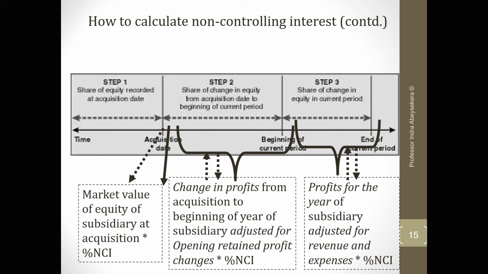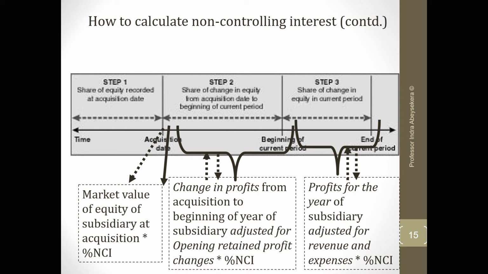So step 1, step 2, step 3. Step 1, the market value of equity of the subsidiary at the date of acquisition, give a percentage of that to NCI. Then the change in equity of the subsidiary from acquisition date to the beginning of the year, after doing the consolidation adjustments, we give a percentage to the NCI.